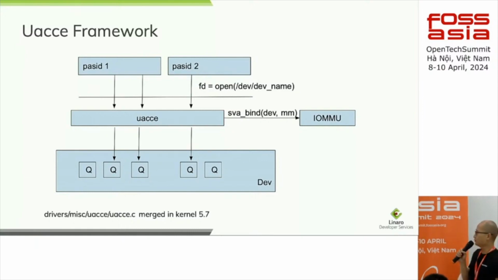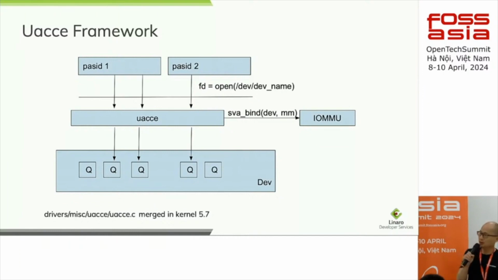With the help of UACCE, multiple applications can directly open the UACCE to get access to the queue. For example, the left is PASID 1, application 1. The right is PASID 2, application 2. So they can run at the same time. The PASID can distinguish them.